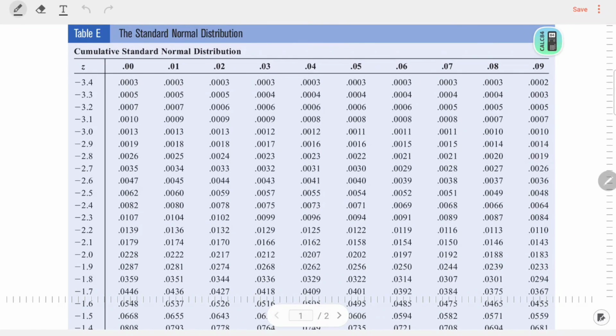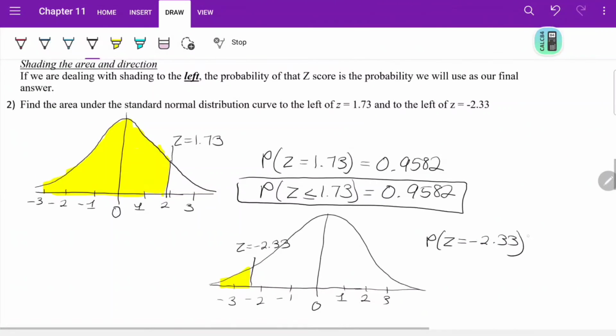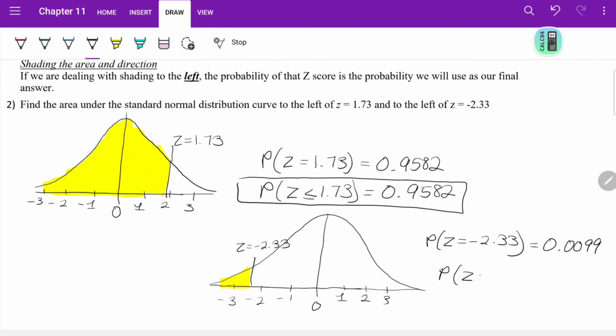Look at the negative side. Go down to negative 2.3, over to the 0.03. That probability says 0.0099. Because it's shaded to the left, that is our final answer.